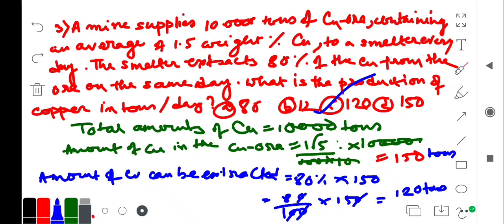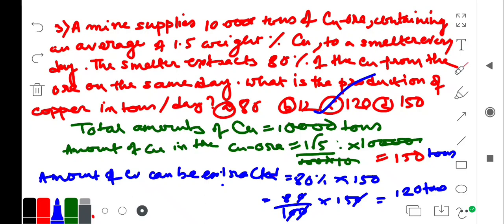First we have to find out the amount of copper in the copper ore. The copper ore is not fully pure because some impurity is there, so the amount of copper is necessary to find out. So this is 1.5% into total copper ore, which is given as 10,000 tons. So 1.5% into 10,000 is equal to 150 tons.